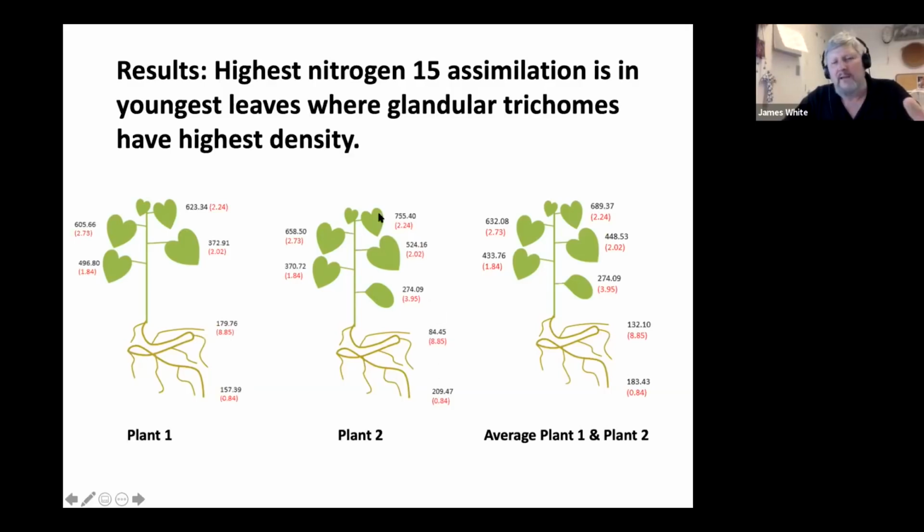So you see a lot of fixation is happening on these developing leaves. And in fact, it's in these developing leaves where we have the highest concentration of glandular trichomes. So there's a correlation between nitrogen assimilation into plants and the presence and density of those trichomes.